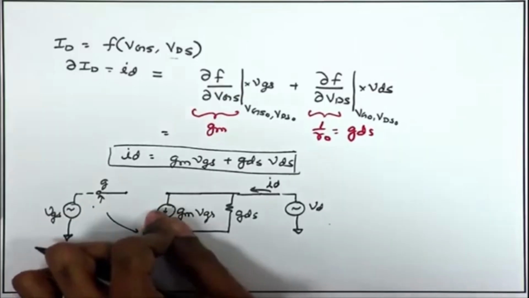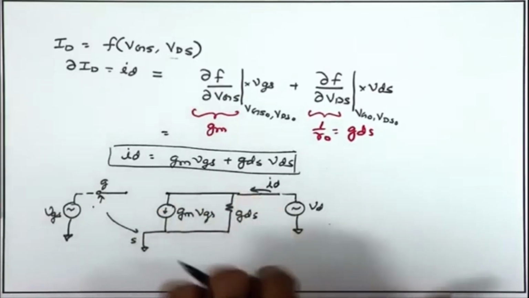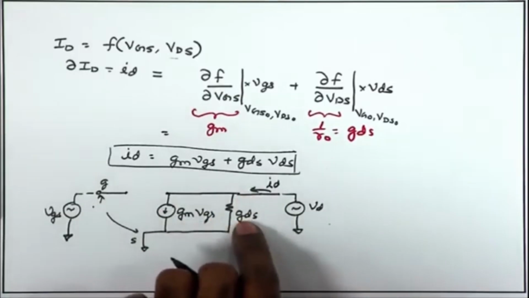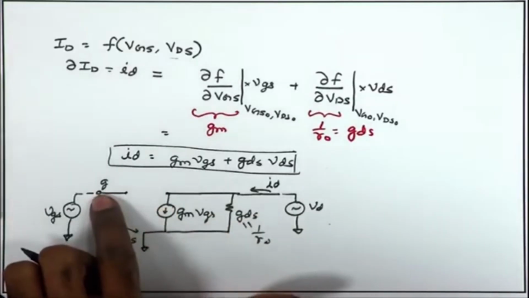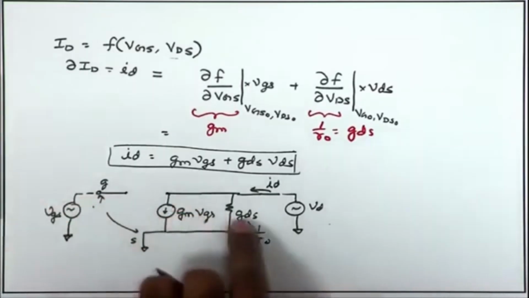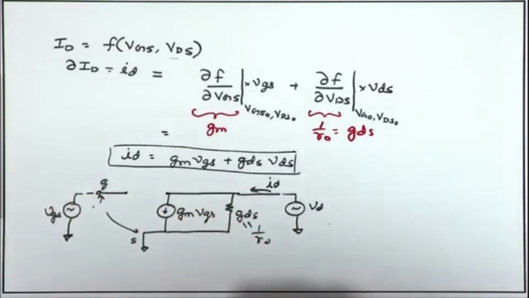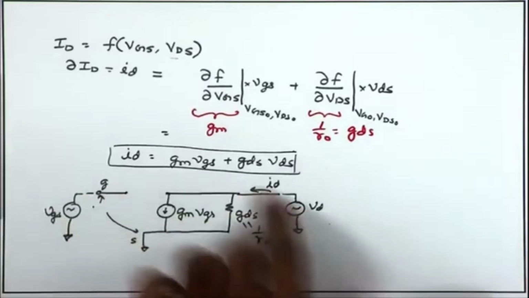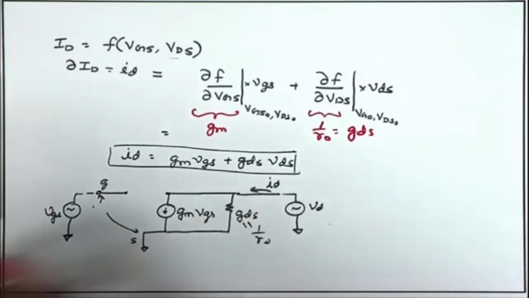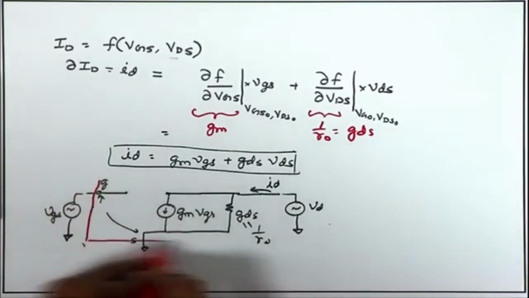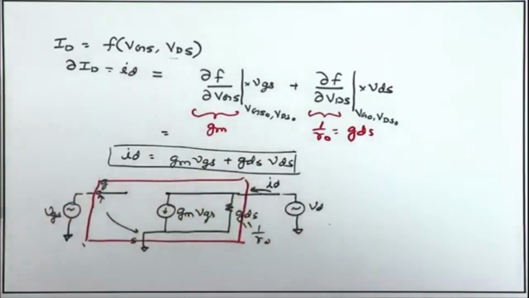While obtaining GM, we considered VD was constant, and while obtaining GDS or RO, we assumed that the VG was constant. And finally, we took superposition of these two small signal parameters, combined them to get the overall small signal parameter for a MOSFET. So, this completes our small signal model of the MOSFET at low frequencies.